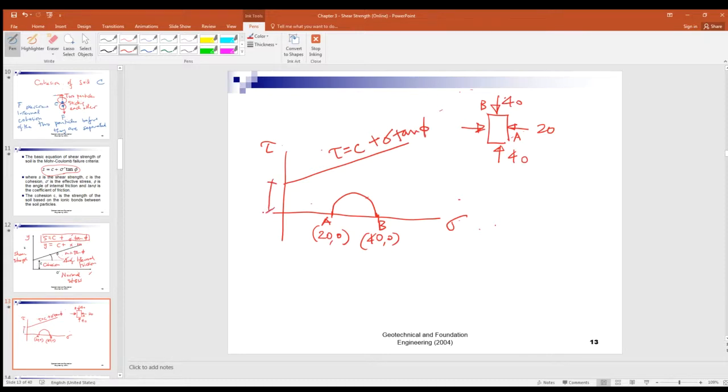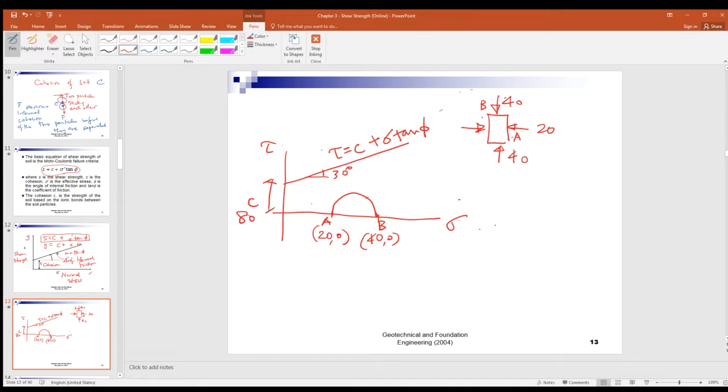Now suppose C is, say, 80, and phi is, say, 30 degrees.